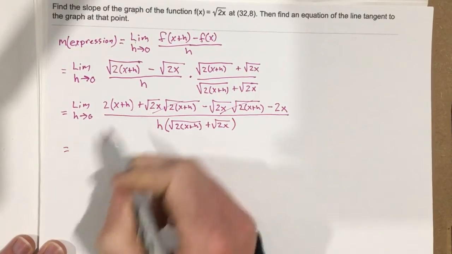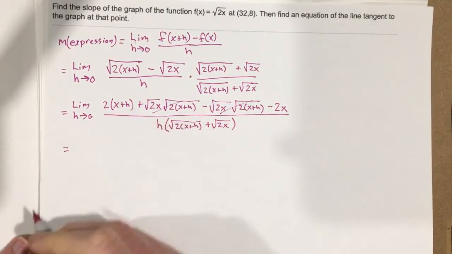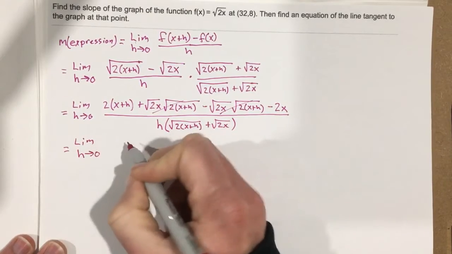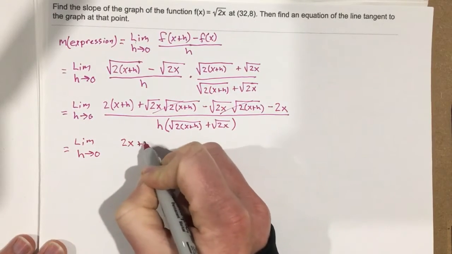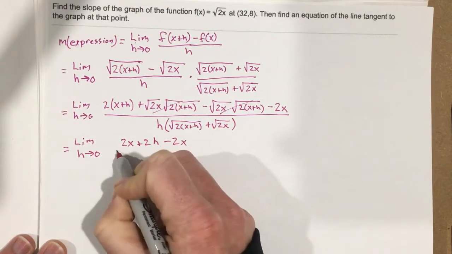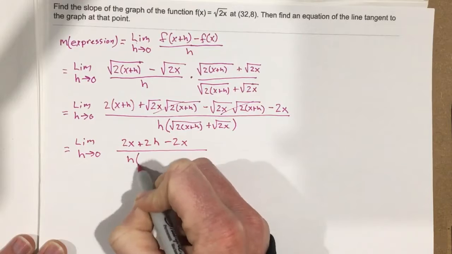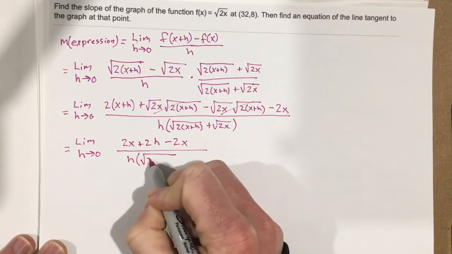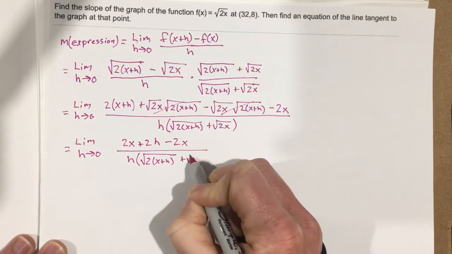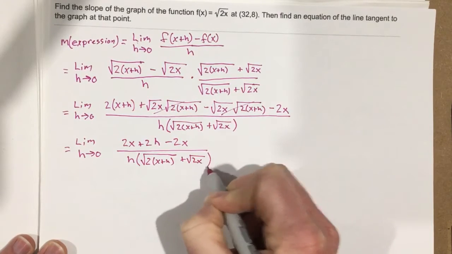I'm going to distribute the 2 to the x and the h, so the limit as h approaches 0 of 2x plus 2h minus 2x, all over h times root 2x plus h plus root 2x.